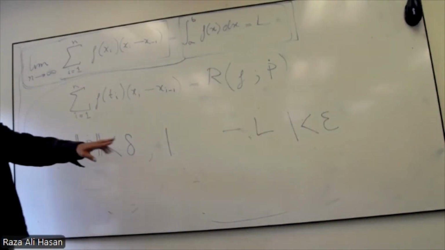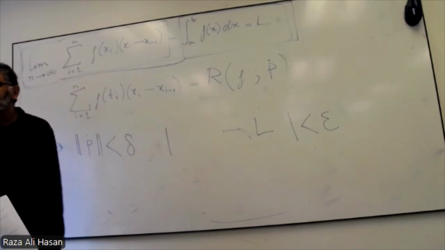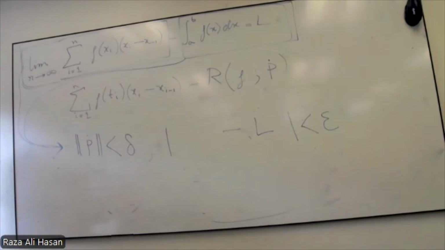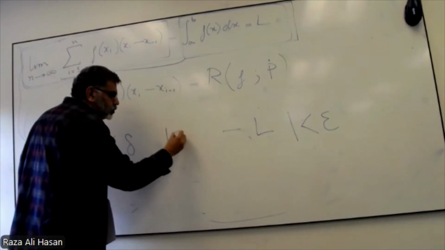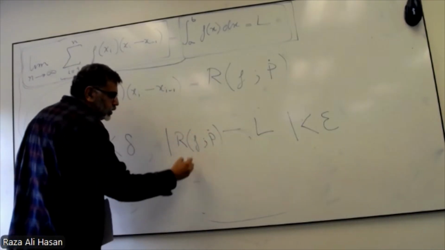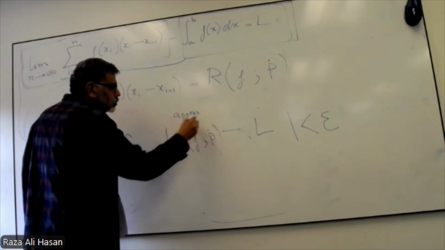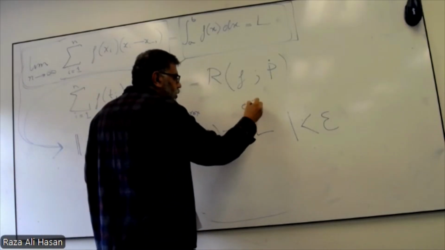So if this is the exact sum, we could stick this guy in, right? So this is approximate. And then this is exact.